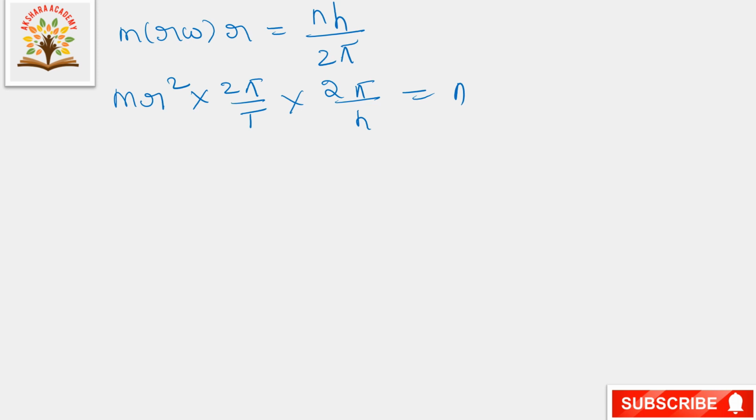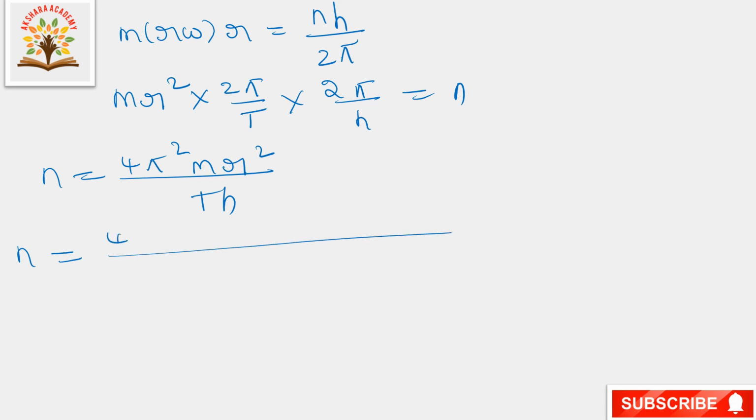So from this n is equal to 4 pi square m r square by t into h. Now substituting values, 4 into 10 into 8,000 into 10 cube whole square into 10.